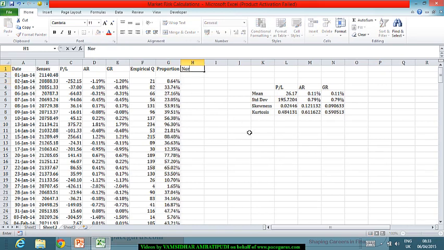But if I am assuming a normal distribution, what should be the proportion of this? This is what I compute from a normal distribution.